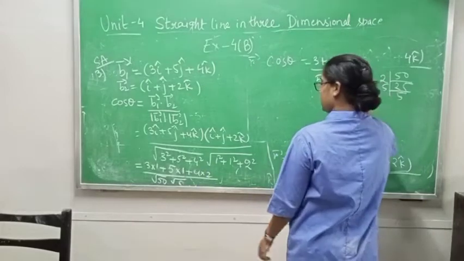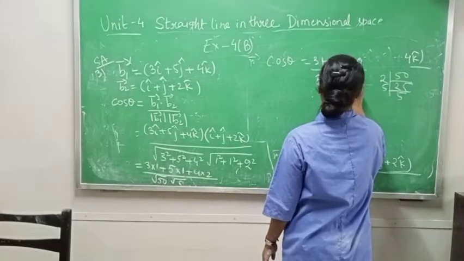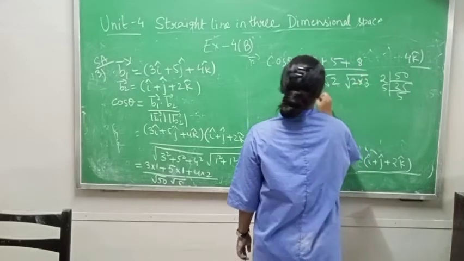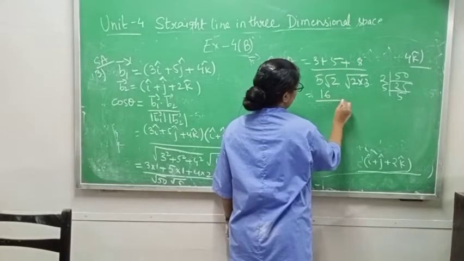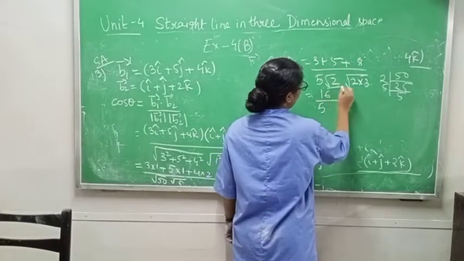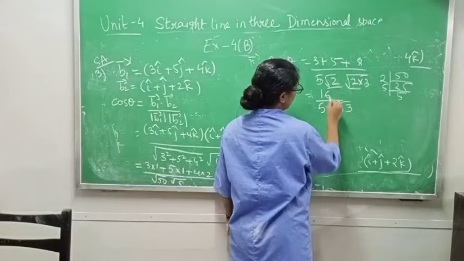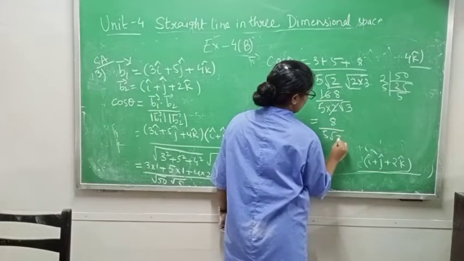Now root over 6 means it will be 2 into 3. Now 8 plus 5 is 13, 13 plus 3 is 16, and 5 root 2 into root 2 will give you 2 root 3. Now 2 ones are 2, 2 8s are 16. So 8 by 5 root 3.